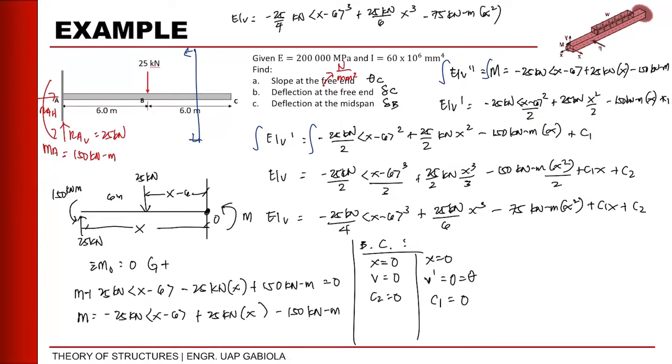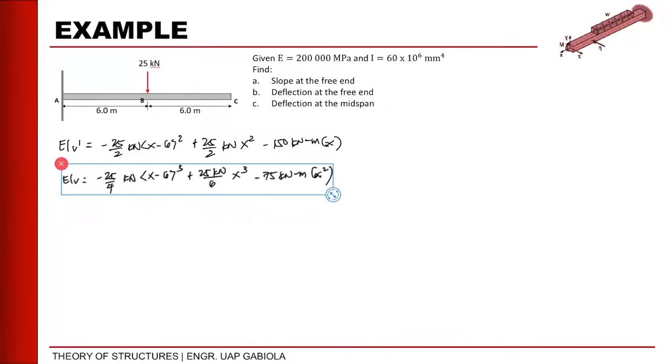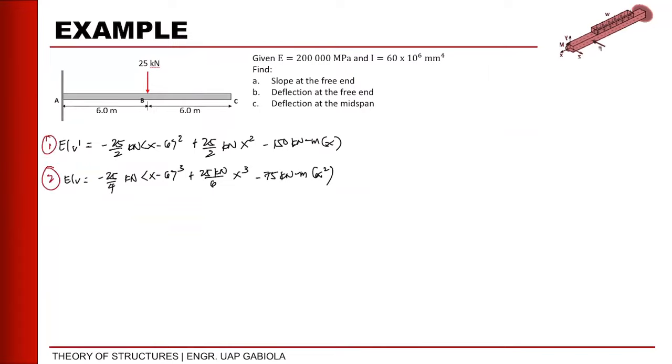So ito lang yung values natin. Okay, so this will be our deflection equation. Yan, so ito yung ating equation 1 and equation 2. Alright? Yan, so pwede tayo magsagot kasi meron tayong general equation for slope and deflection.